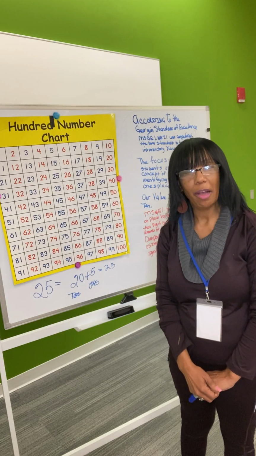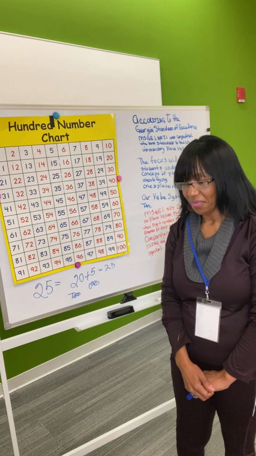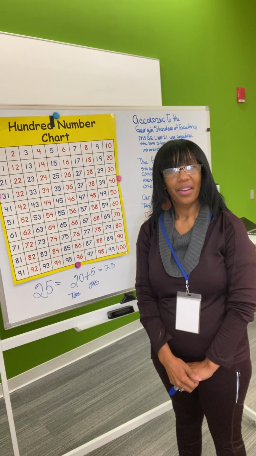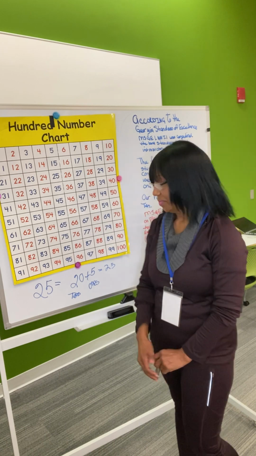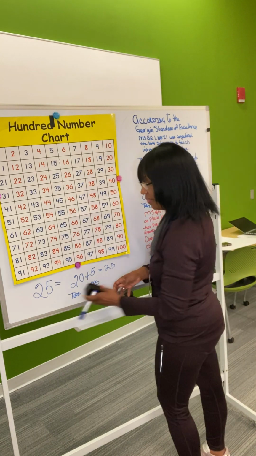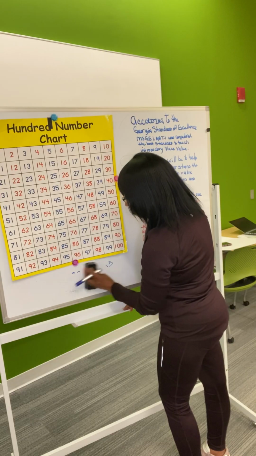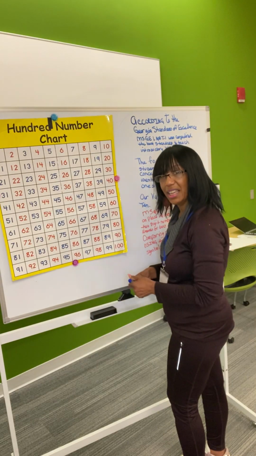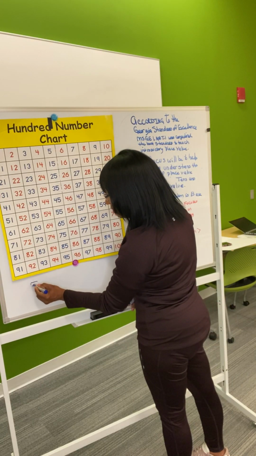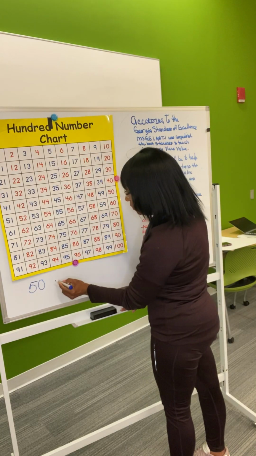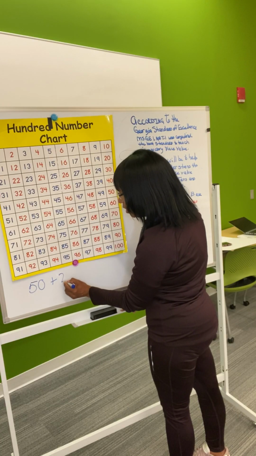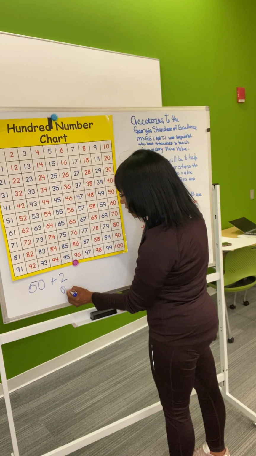Using another real life application, if I have 52 apples, what does that look like in expanded form? 50, 5 really means 50 because it's in the tens place, and 2 is just single 2 because it's in the ones place.